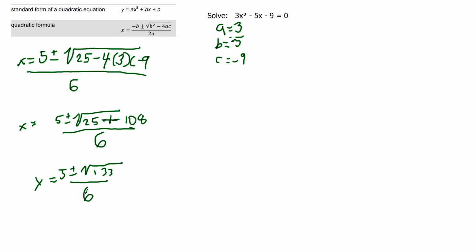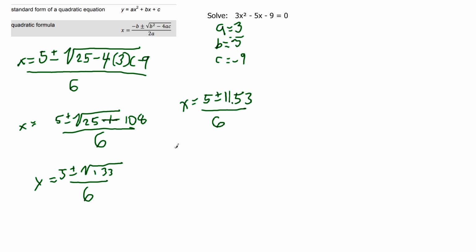The square root of 133 is not a perfect square, so we're going to have to round and use decimals. It's 11.53. So x equals 5 plus or minus 11.53, over 6. Because we have a plus or minus here, we're going to have two values of x.